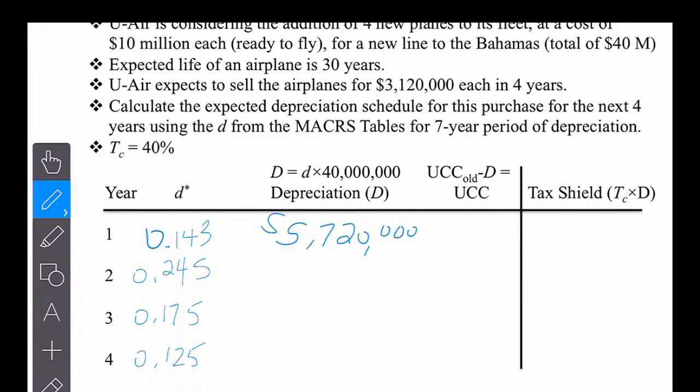So that's how much you get to depreciate, almost $6 million. So you get to save on the $6 million. We'll calculate the savings in a moment.